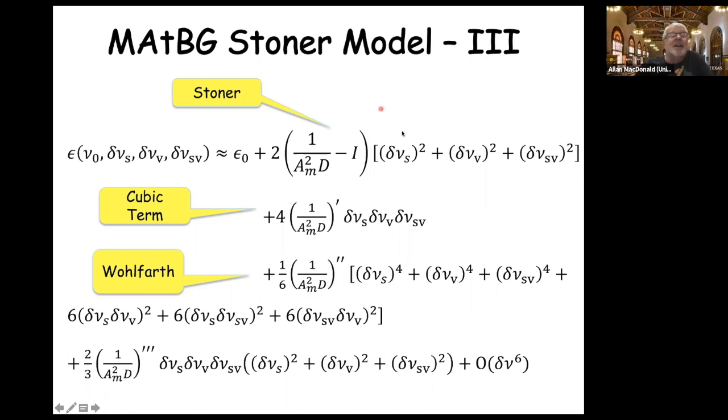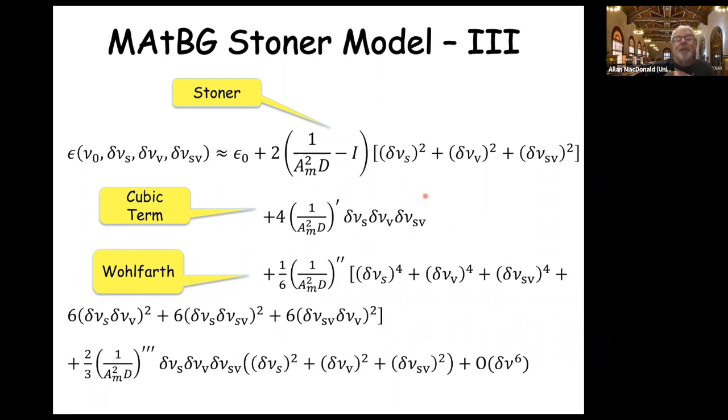And here there are 3, because there are 4 flavors, and the constraint is that the electron density has to be kept fixed. So there are 3 order parameters which you can choose to be an overall spin polarization, an overall valley polarization, and something else which measures the difference, if you like, between the spin polarizations of the 2 valleys.